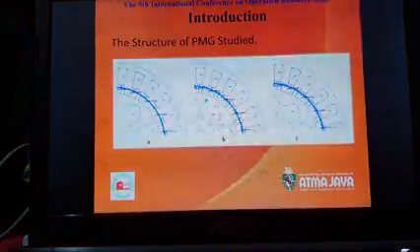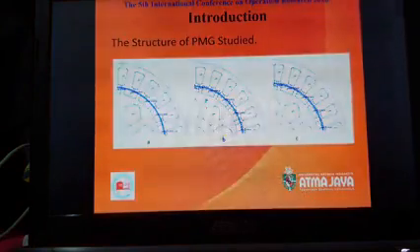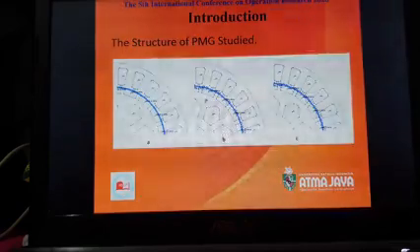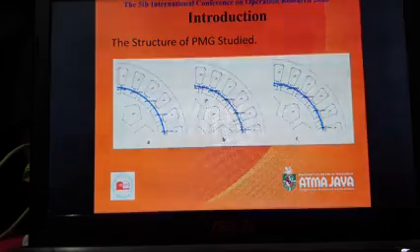And these are 3 different pictures of the machine, the structures of the PMG studied. A is the reference, the initial structure, which refers to the conventional structure of PMG.